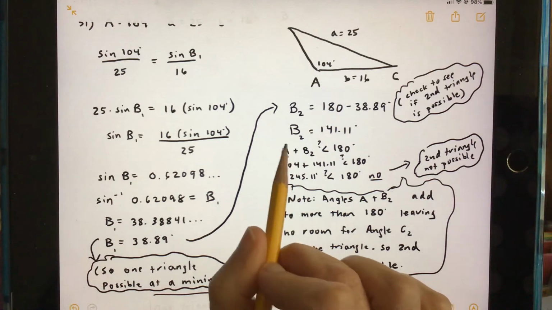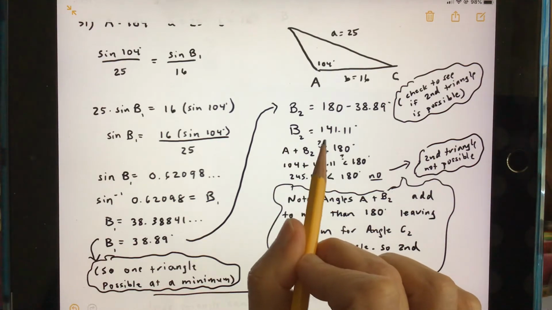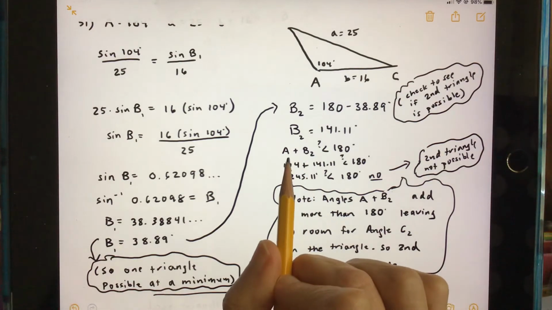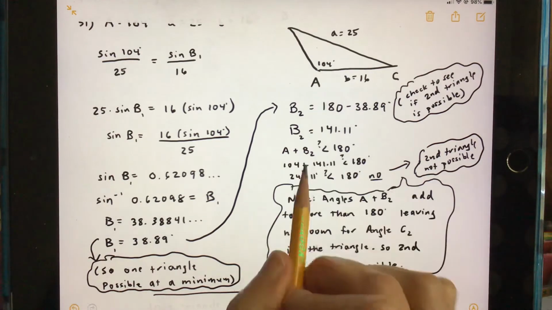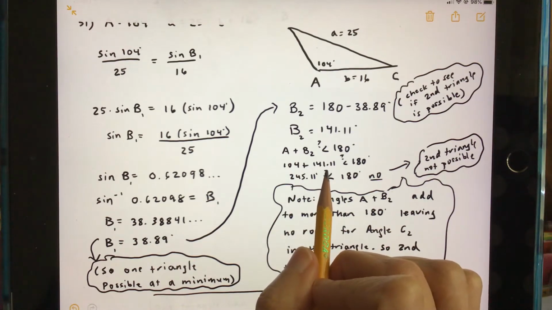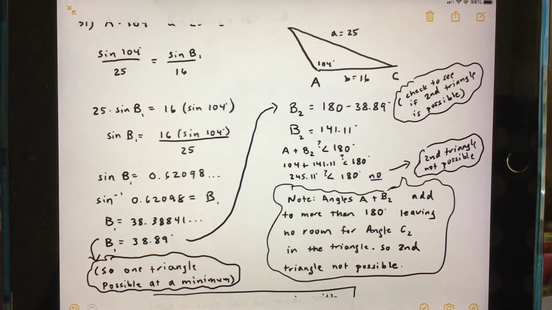We found that angle B2 has the same sine value as angle B1, and so we're going to ask the question: if we take angle A, 104 degrees that was given to us, plus this new possible second angle, 141.11, is that less than 180 degrees? Because all three angles in the triangle must add to 180 degrees if a second triangle is possible.